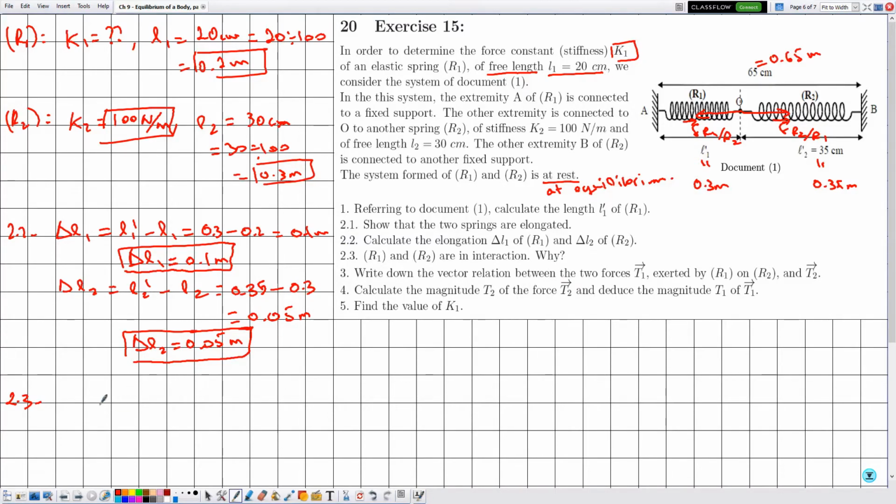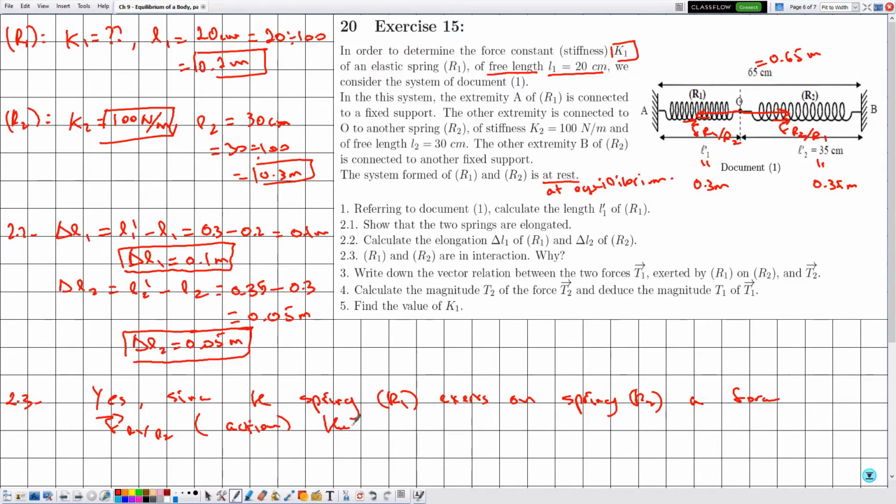Then let me say, yes, since the spring R1 exerts on spring R2 a force given by F R1 on R2, this is said to be the action.